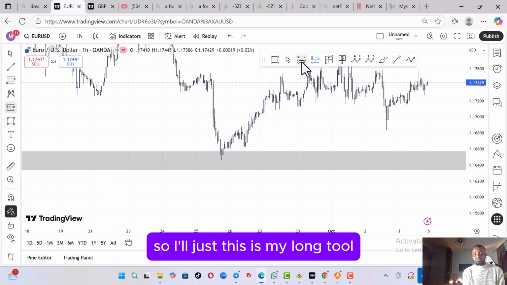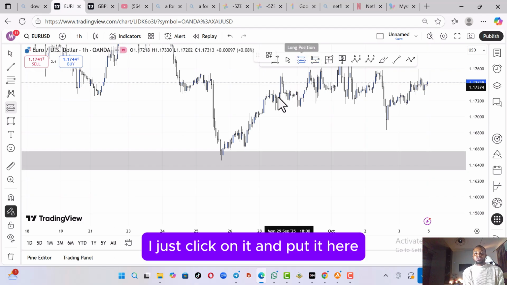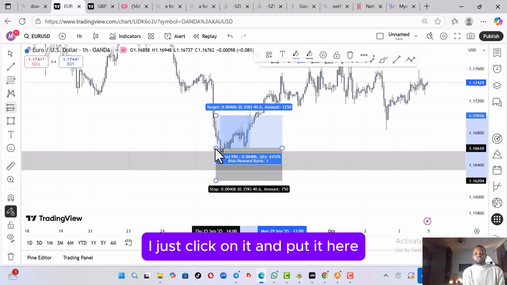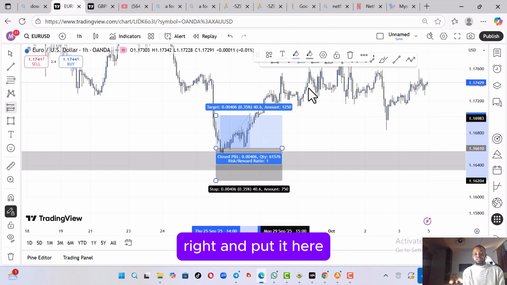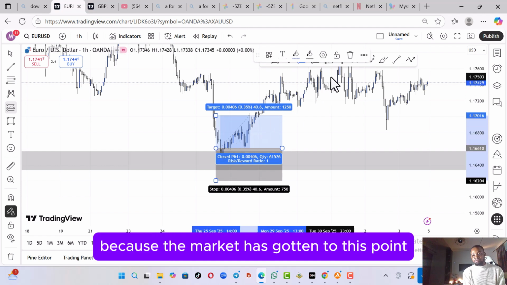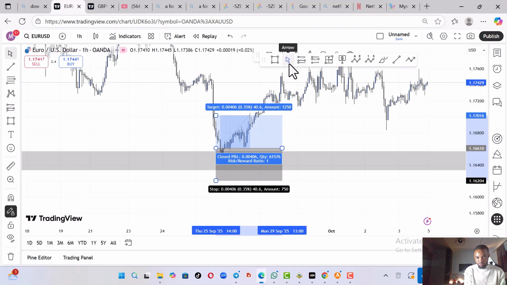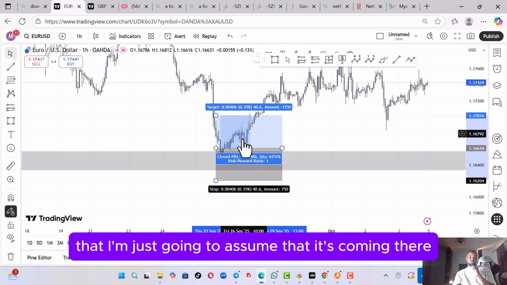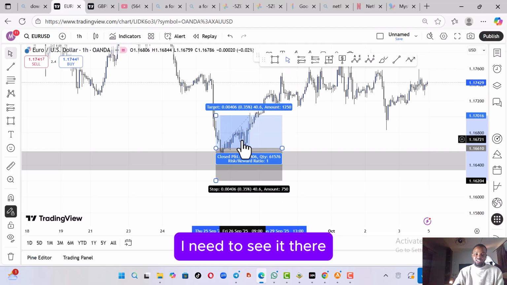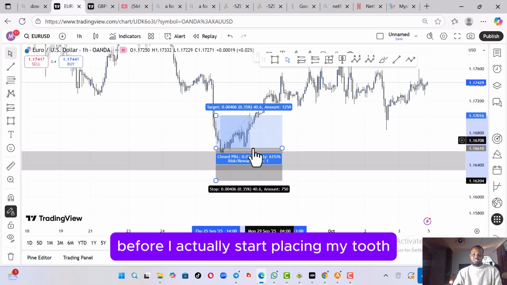So I'll just use my long tool, I just click on it and put it here, right? And put it here because the market has gotten to this point. I'm just going to assume that it's coming there. I need to see it there before I will actually start placing my tools.